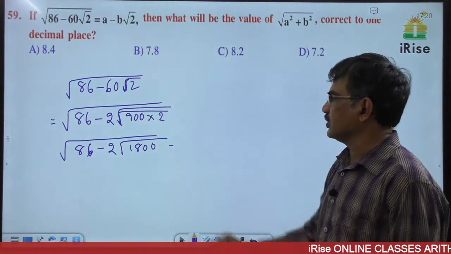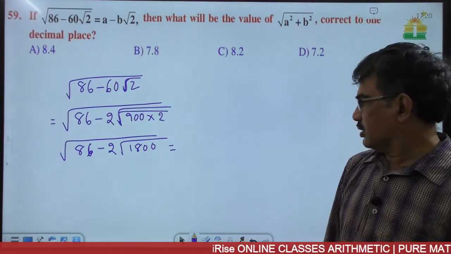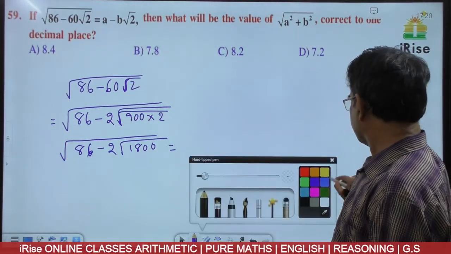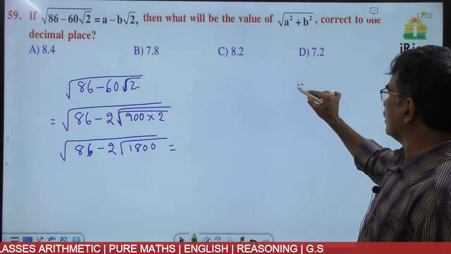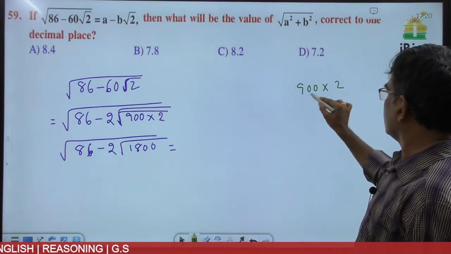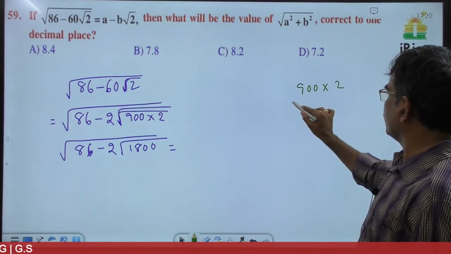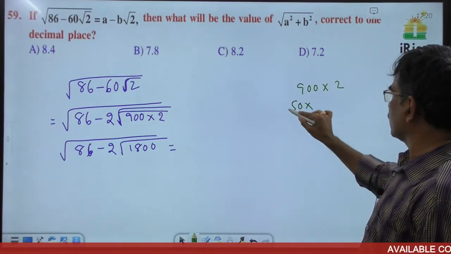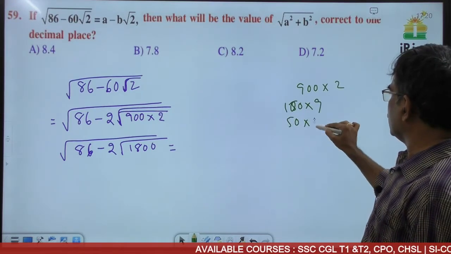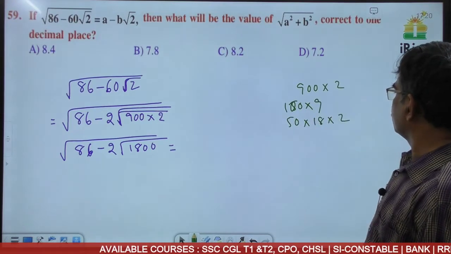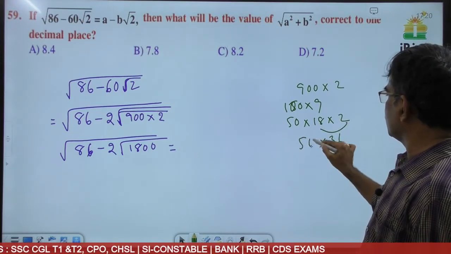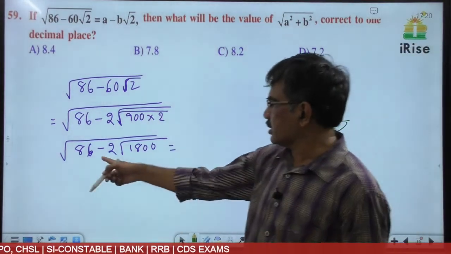So what is the value of this? I want to write this as, see, 1800 is nothing but 900 into 2, which is 50 into 36. The sum of these two is 86 and the product is 1800.